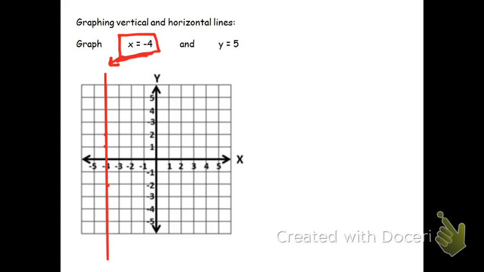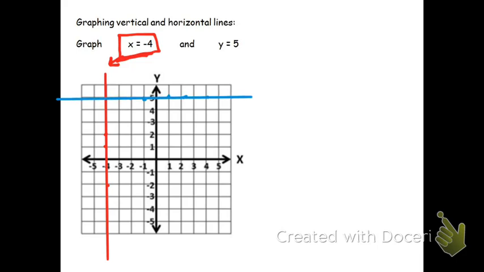Okay, going to our y then, y equals 5. Well, that's telling us that no matter what point we have, the y-coordinate is 5. So it's all these points with 5 as the y-coordinate. So again, drawing a line to connect those points, we have this line here.